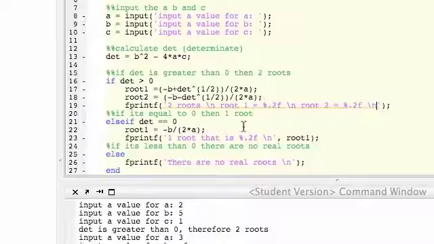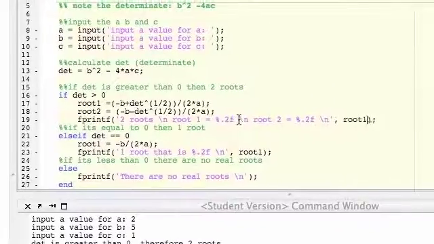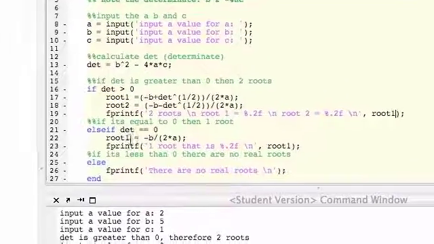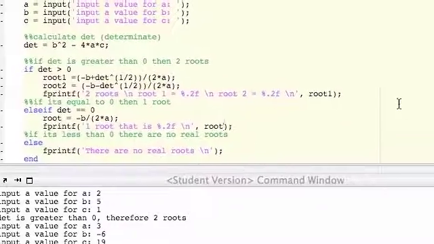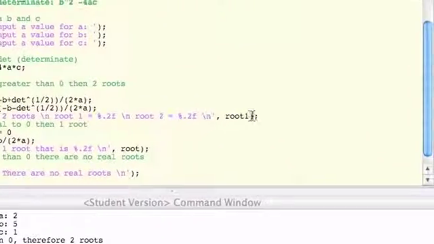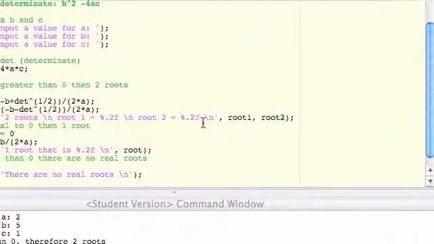And so now we have to put in order of what they occur. So our root 1, our percentage f thing here, is going to be root 1. I might call this something different just so it's not confusing for you. So just call that root. It's root 1 and then root 2, which is the second one that occurs.